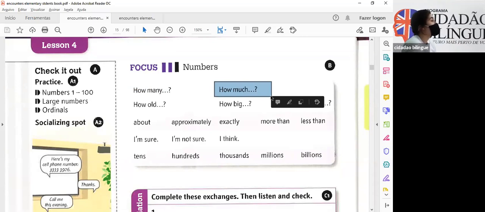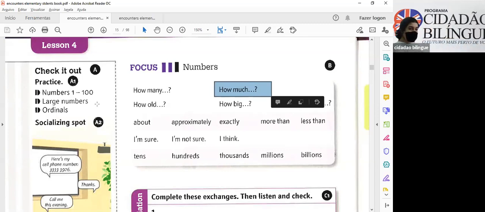Quanto. Okay? How much? Quanto também. Yeah, but how much is different because we are going to use it for uncountable now. A gente usa para substantivos incontáveis. Remember? A mesma coisa.